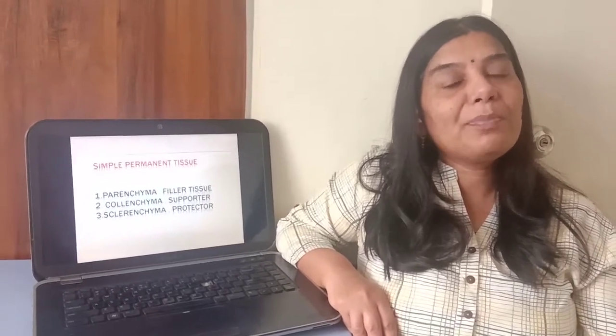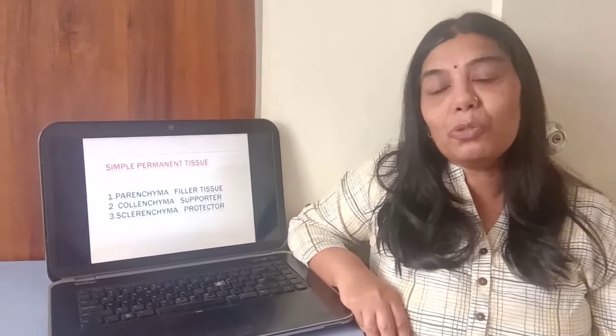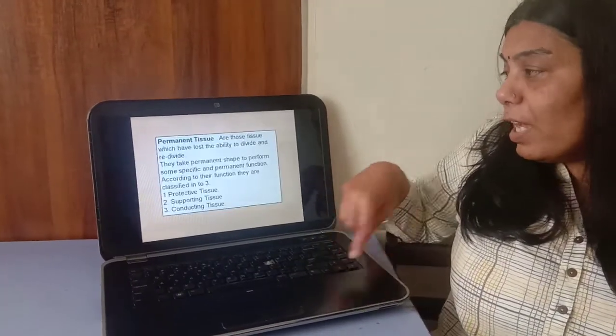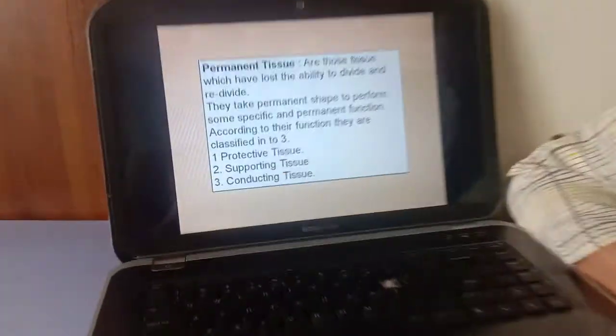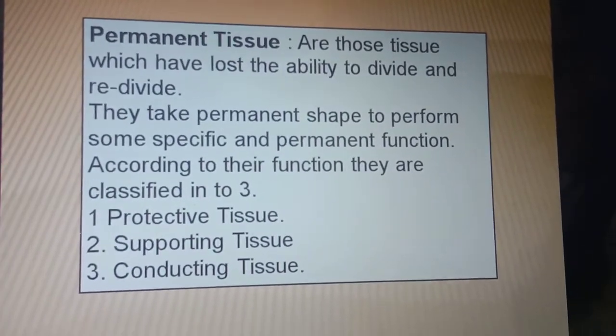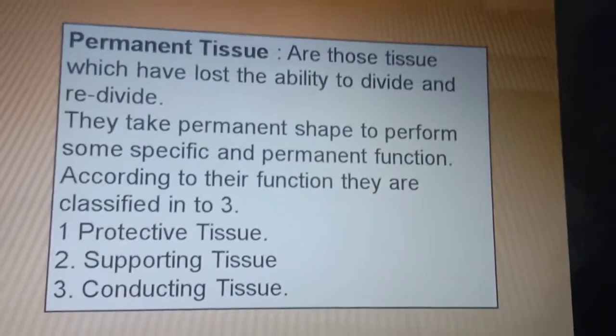Now what are these permanent tissues? These permanent tissues are those tissues which have lost the ability to divide and redivide. They take a permanent shape to perform some specific and permanent function.